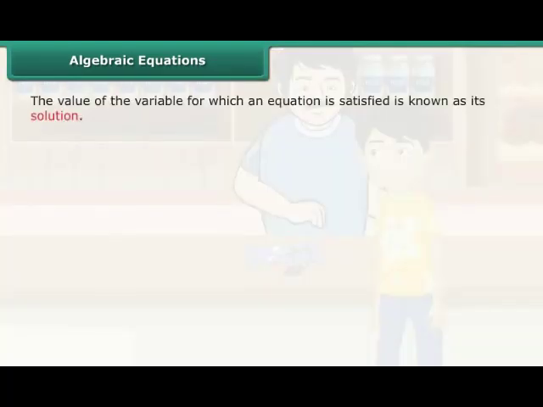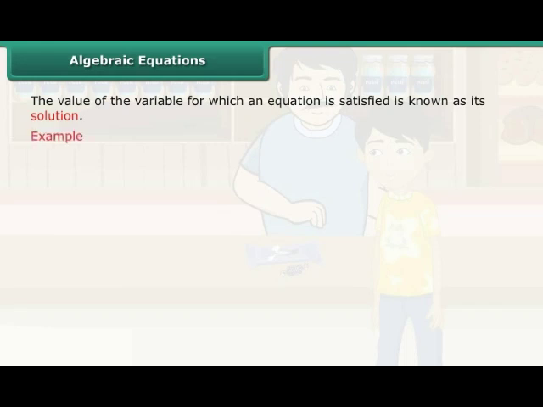Let us express all the earlier algebraic expressions as algebraic equations. x plus 20 is equal to 25. 30y plus 200 is equal to 1100. (A plus 5) into 3 is equal to 45. The value of the variable for which an equation is satisfied is known as its solution.